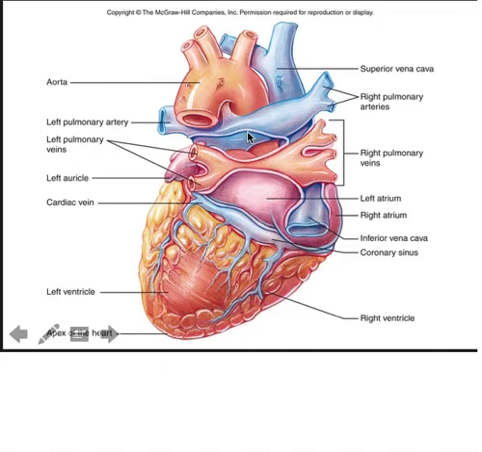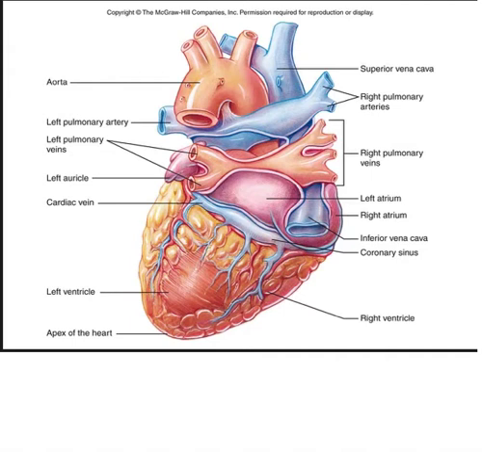Now what happens in the lungs is that the blood picks up oxygen from the air that you inhale, and that causes it to change color from a dark red to a very bright red, which indicates that the hemoglobin is saturated with oxygen. That blood then returns back to the heart through the left and the right pulmonary veins.